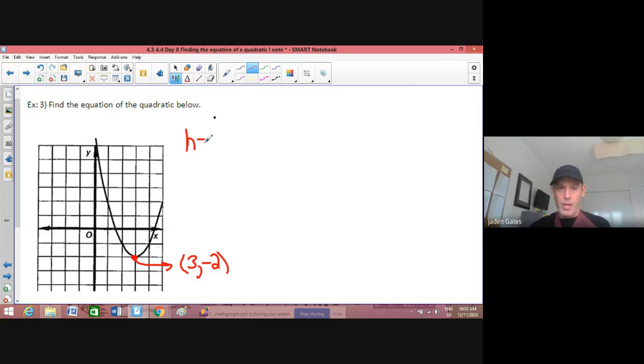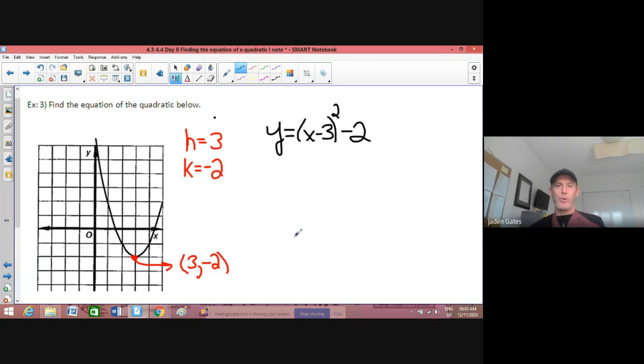So h is 3, but down 2, which means my k value is -2. And so now I can write the equation of my parabola with y equals, let's see here, x. The h value is positive, so it's going to be a -3 here in brackets, squared. And again, my k value is saying down 2, so it is a -2. So again, we can work both ways.